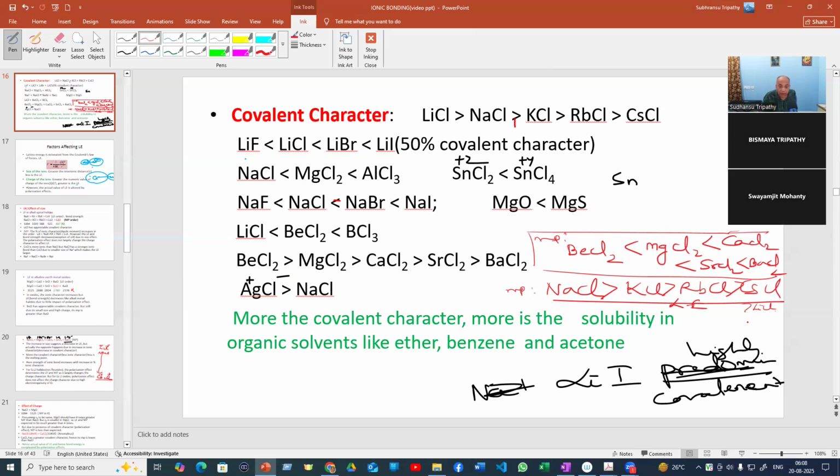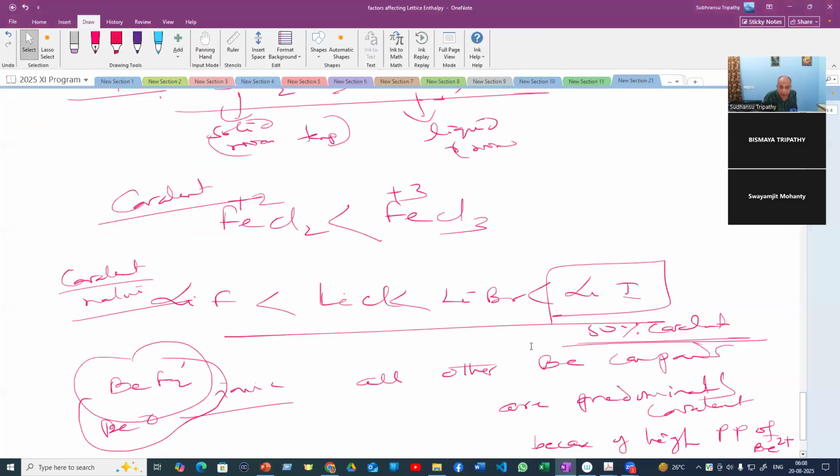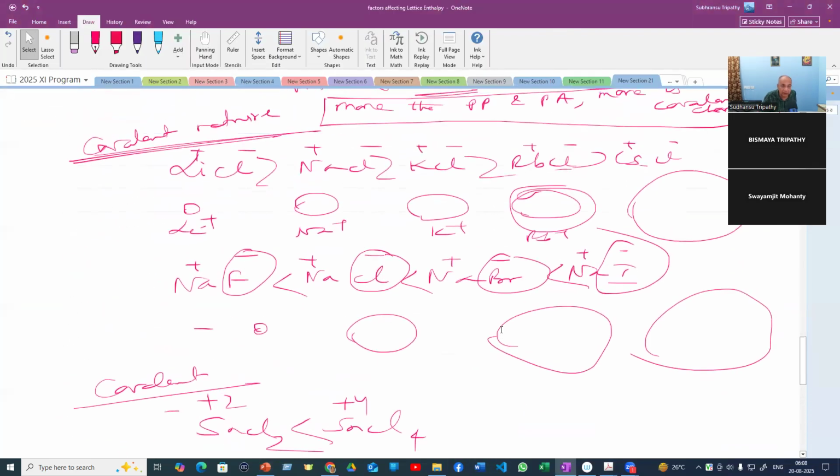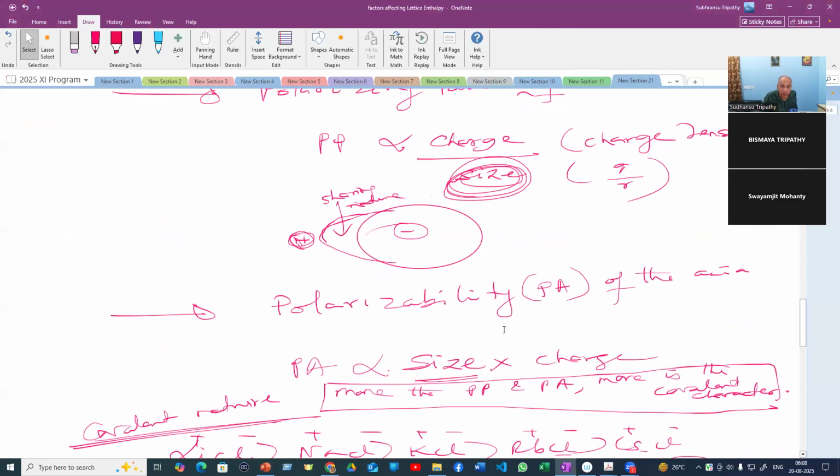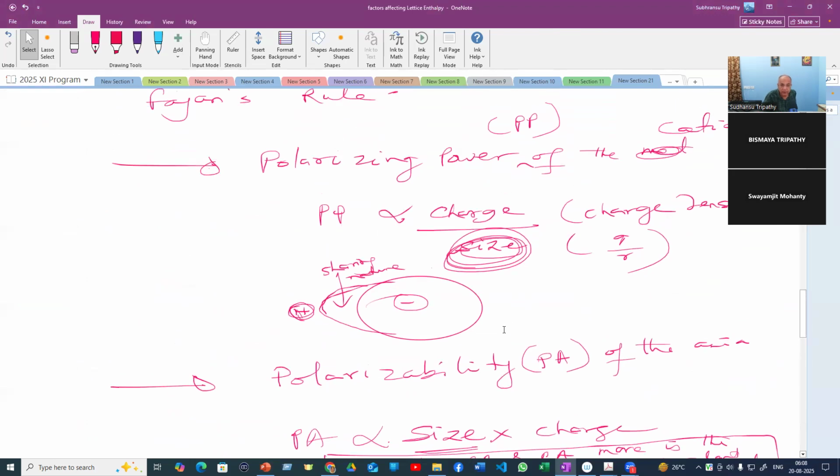And the third point I forgot, about the cation. I told only 2 points.